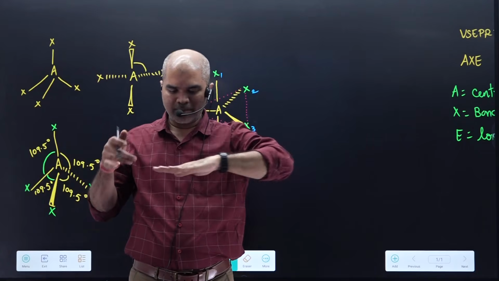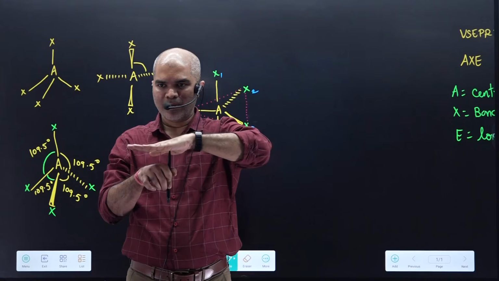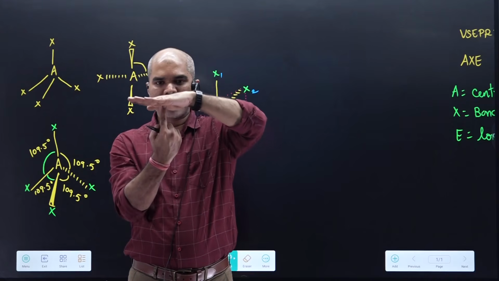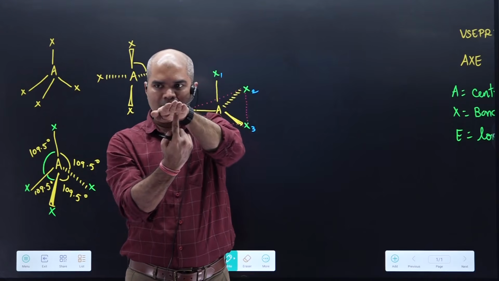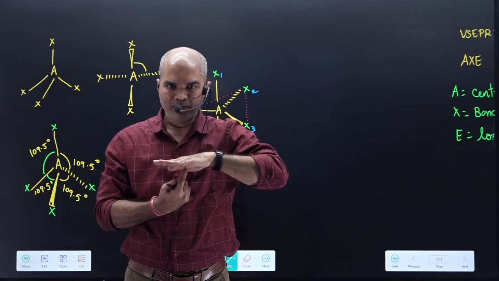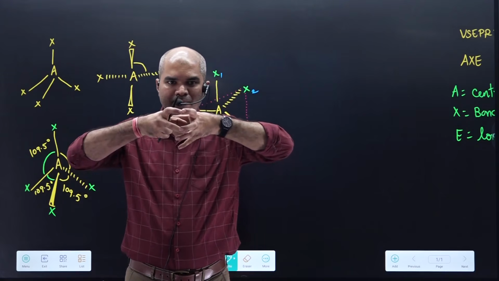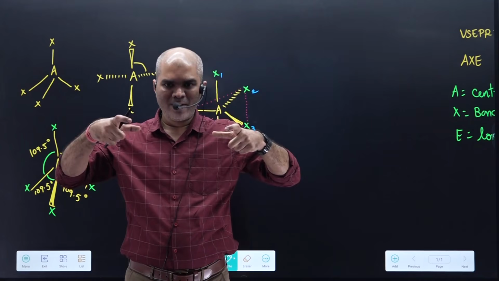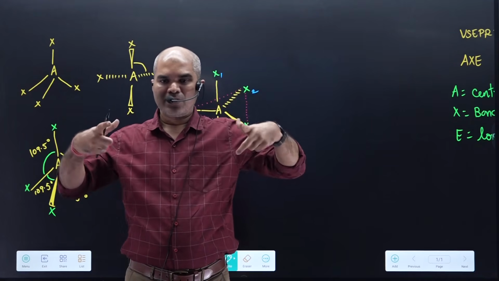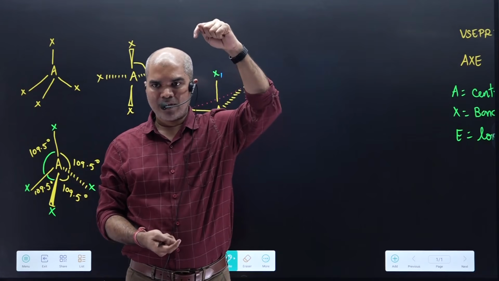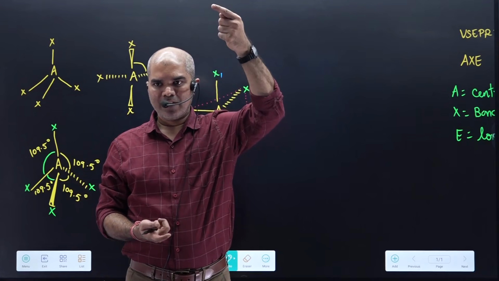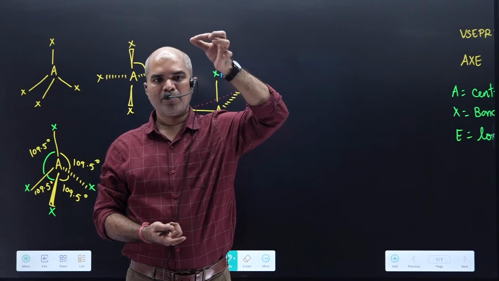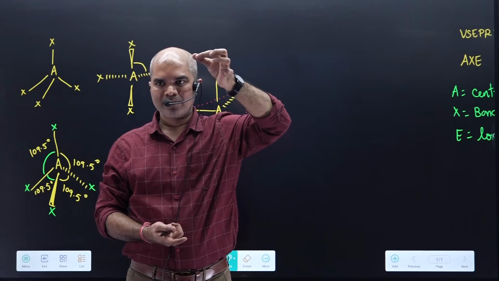There is a triangular plane, one ligand is above, one ligand is below. You are passing a C3 rotational axis and then rotating by 120 degree. When you are looking from above, which atom is inside? Above is inside, below is also inside, in between they are towards outside. So start numbering from the above or below atom. Anywhere you can start. I am starting from the above atom, number it as 1.